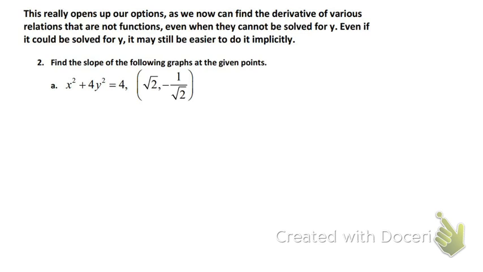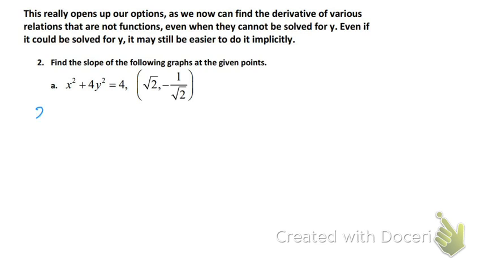Okay, here we go. We've got another circle, right? They're going to give us a point this time. They want the slope of the following graph. They're not asking for the equation on this one, it's the slope. So let's differentiate both sides with respect to x.